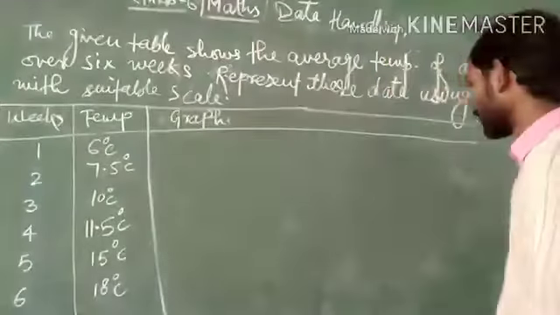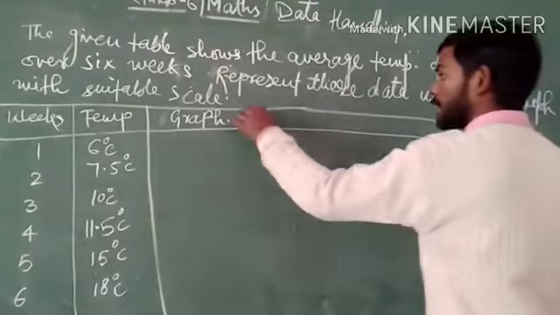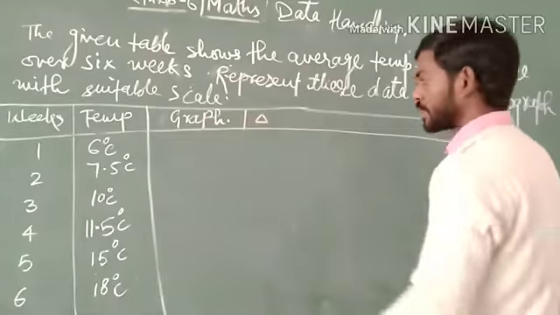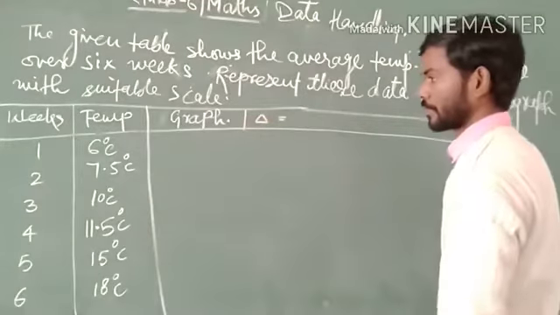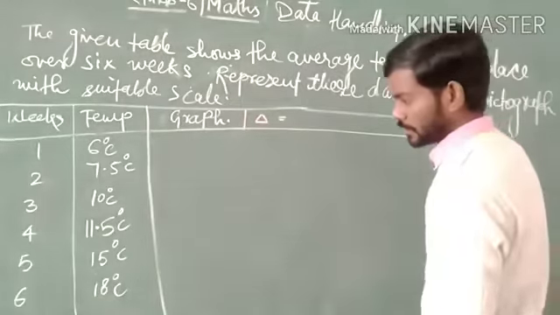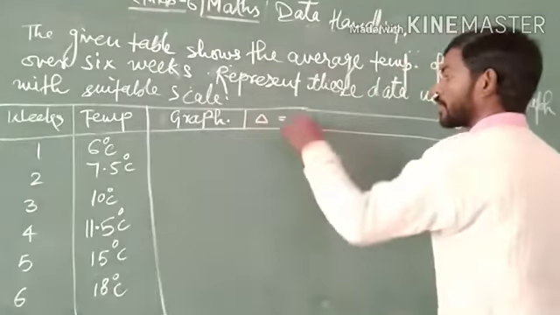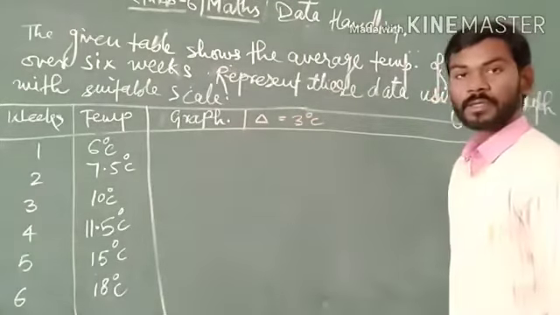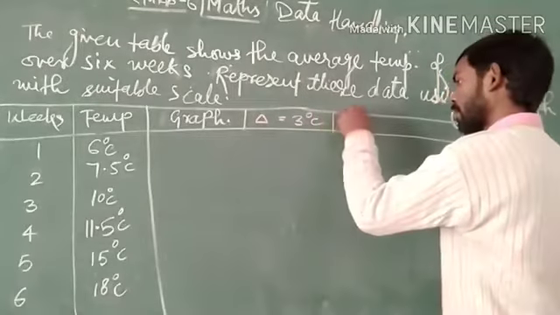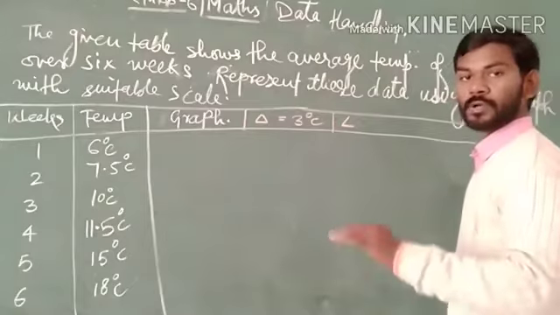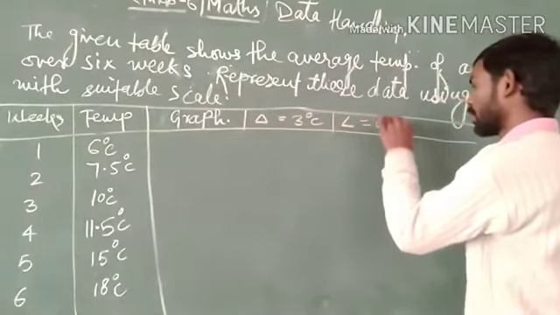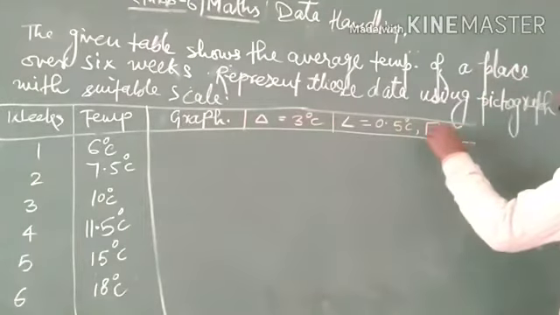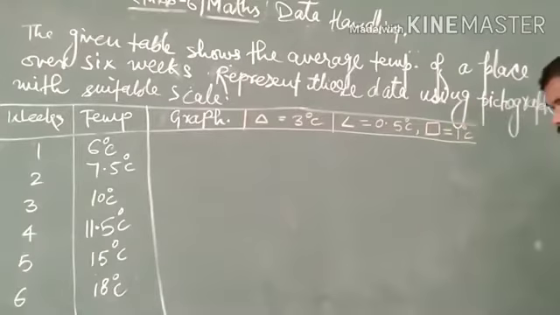Just suppose that a triangle will represent 3 degrees centigrade, a half triangle will represent 0.5 degree centigrade and a square will represent 1 degree centigrade.